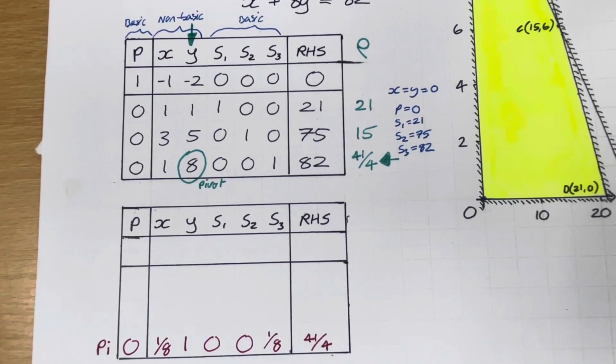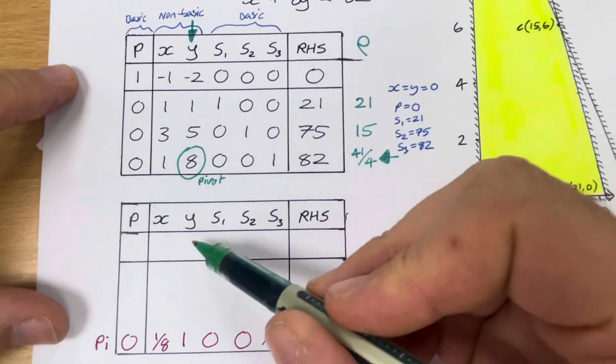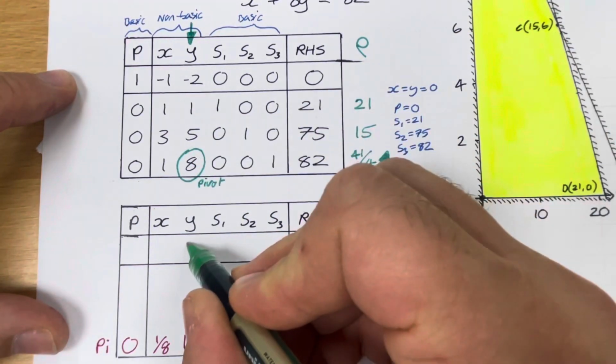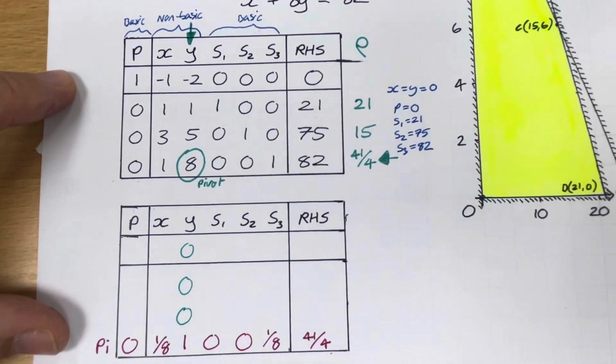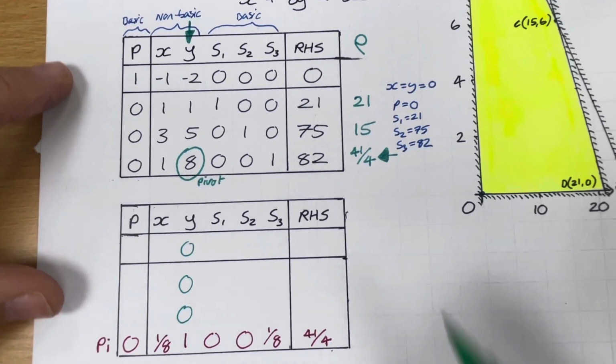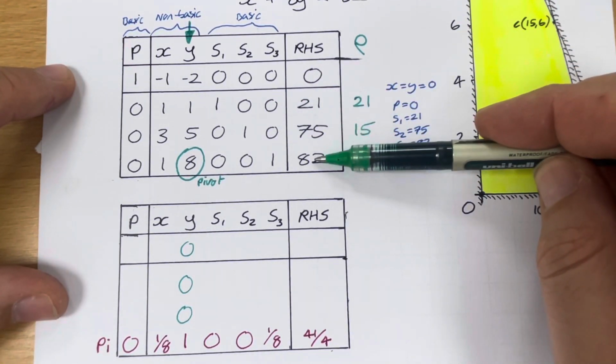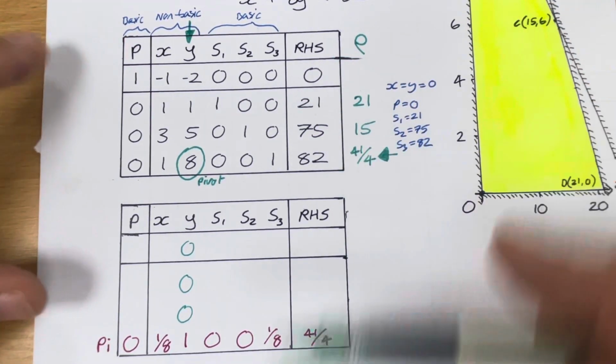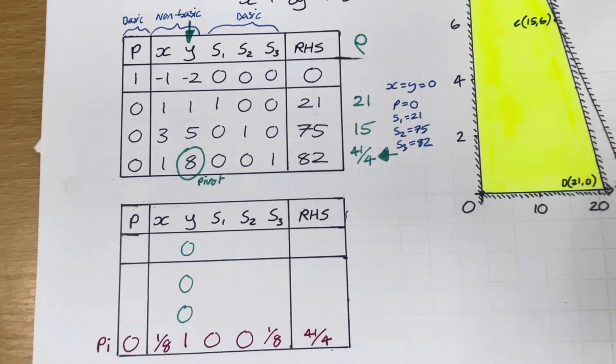Now, my desire is to make the pivot column zeros everywhere except for my pivot value. That's what I want to happen. Because each of these rows in the tableau represents an equation, I can just add and subtract multiples of an equation or a row to another.